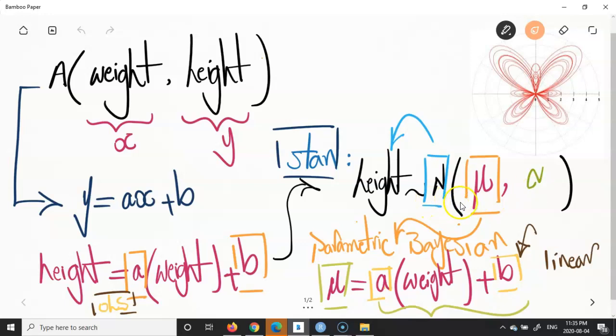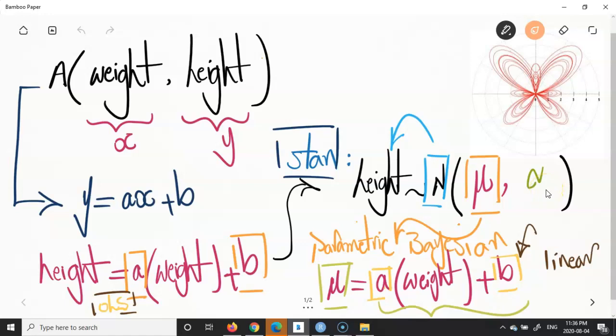In the normal distribution we have two parameters. If you ask anyone who is knowledgeable about basic statistics how many parameters define a normal distribution, they will say there are two: one is mu, and the other is sigma.